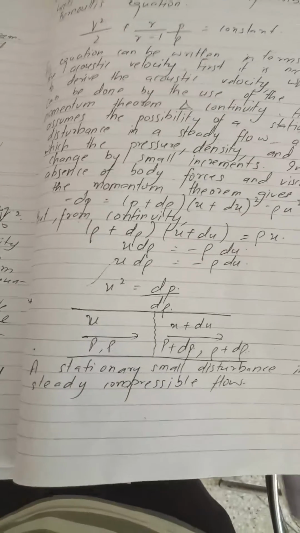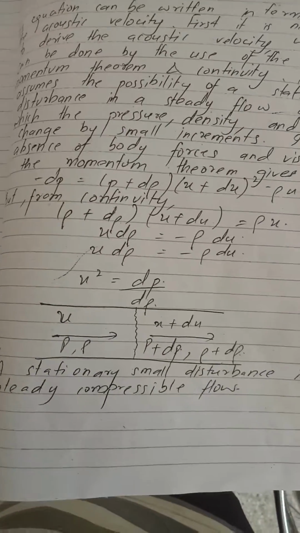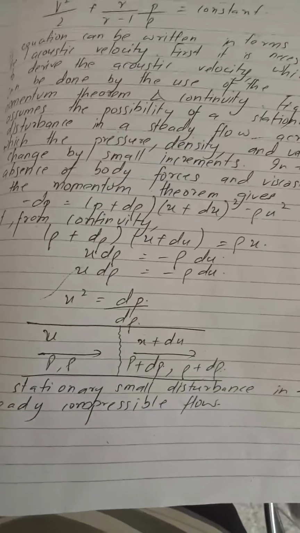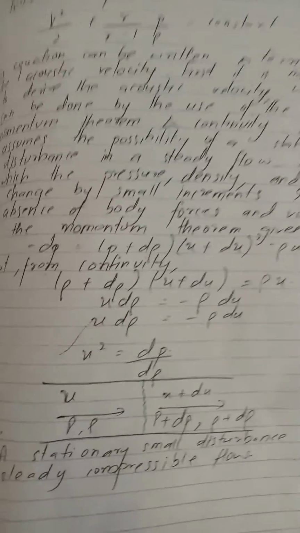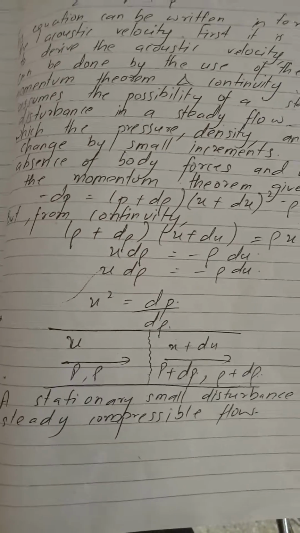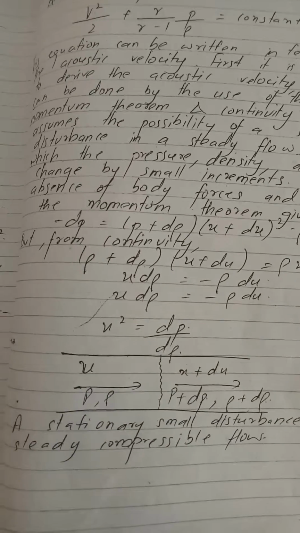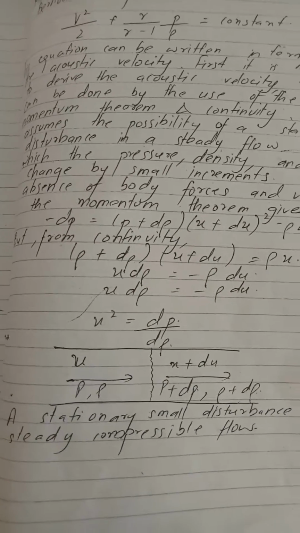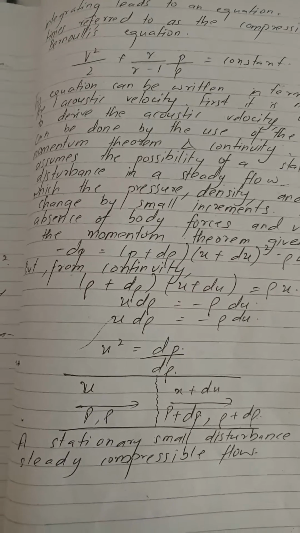When all these parameters are there, obviously there will be a displacement, a distance covered by the fluid, by the pressure p at velocity u, and you also need to add the density change, keeping it a stationary small disturbance in a steady compressible flow. That is how you are going to take it: x squared is equal to dp over d rho. This is how it has to be done.